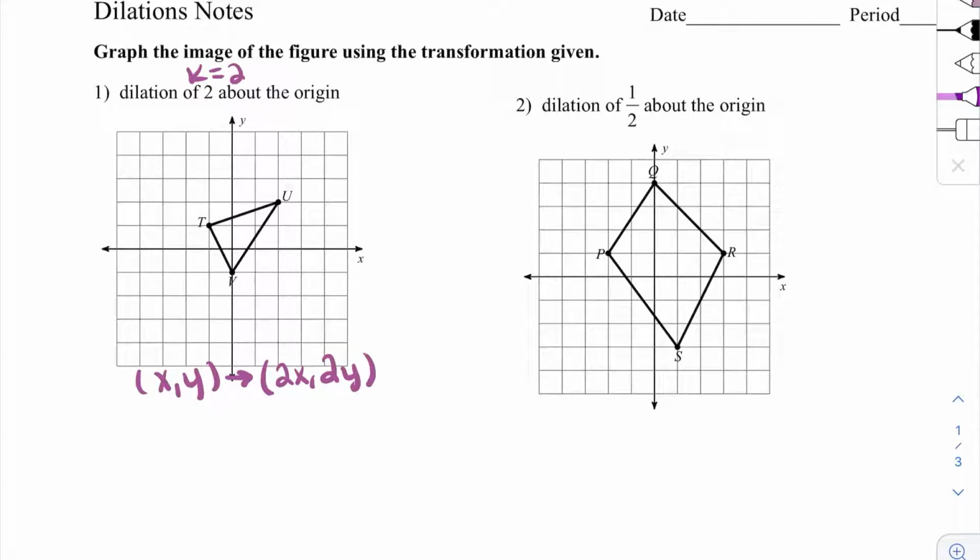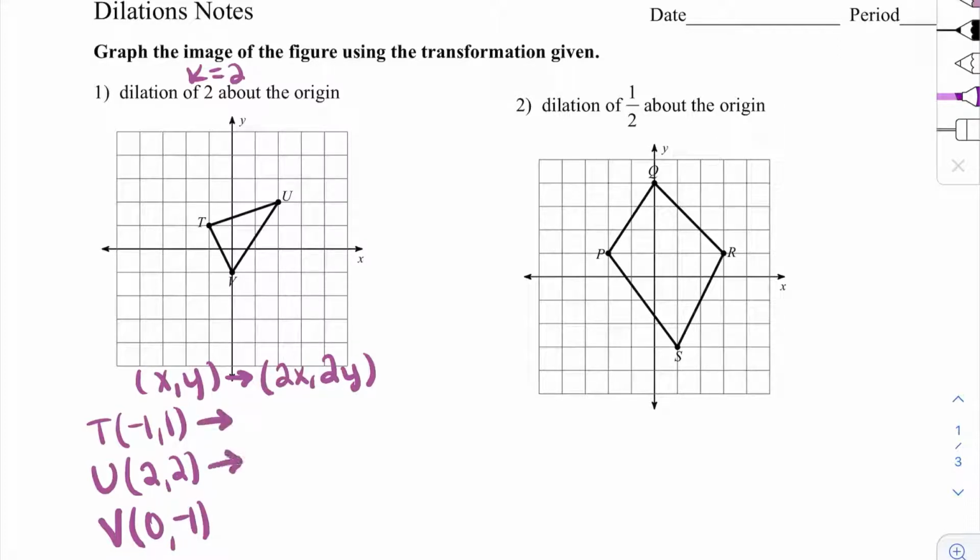Let's define our original T, U, and V. Point T is the point (-1, 1). U is the point (2, 2). And V is the point (0, -1).